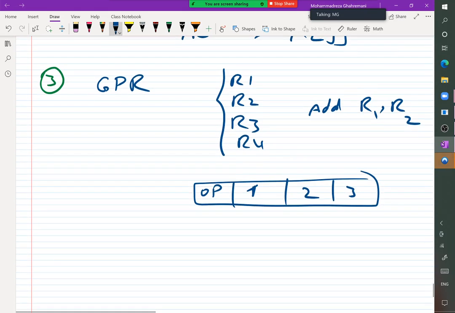For example, we can say add operand 2 and 3 and put the result in register 1. Operand or register, no matter, because the operand is stored in the register. So add the operand stored in register 2 with the operand stored in register 3, and save the result in register 1. So we need longer instructions compared to other designs.